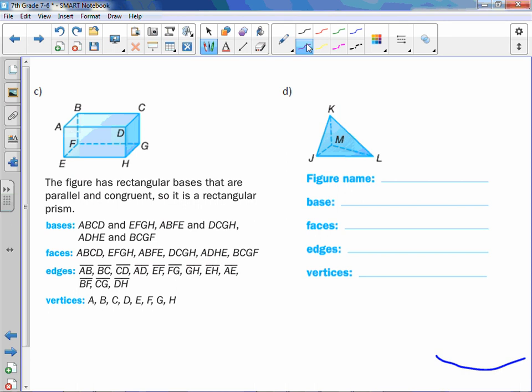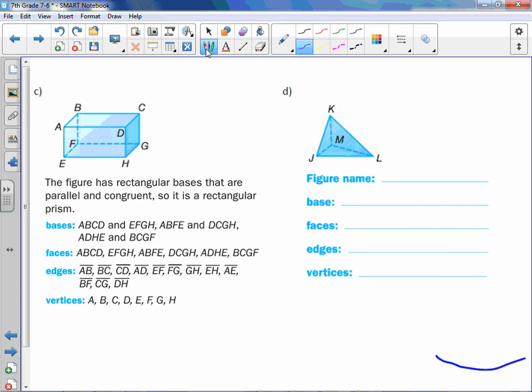You could say it's ABFE and DCGH, or you could say that ADHE and BCGF are your bases. It's a rectangular prism, so it really doesn't matter which two are your bases. And all six of those are also your faces.